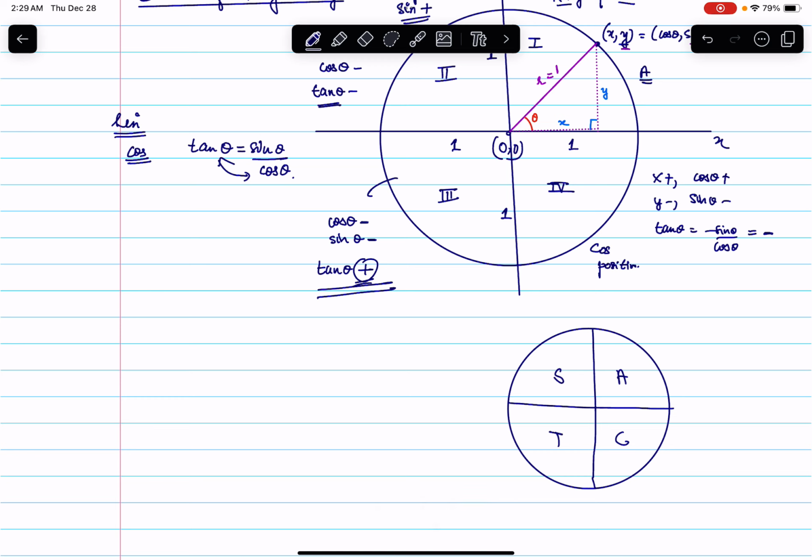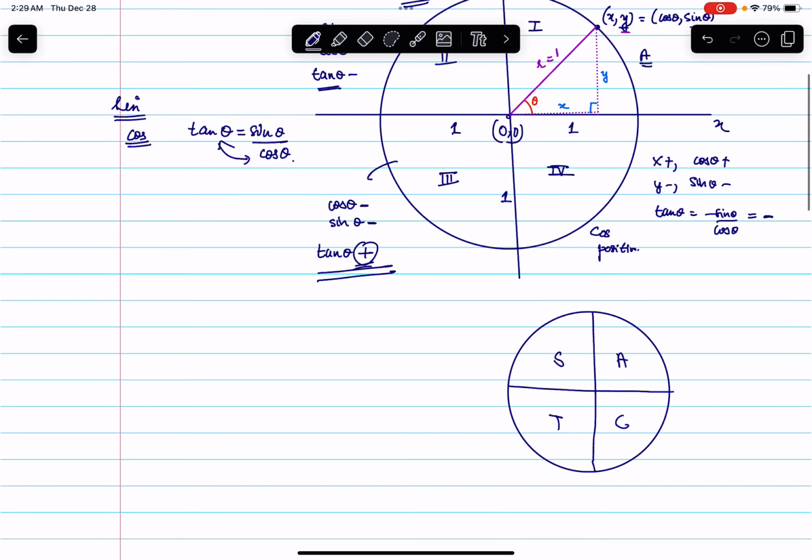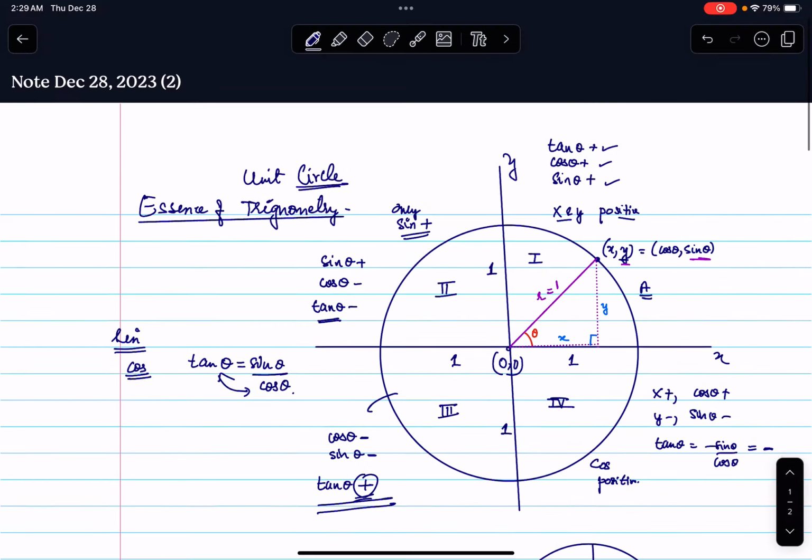That's also a good way to learn, I guess, when you're starting off, and then later on you can understand the basics. But I think it's always good to understand the fundamentals before moving on, right? So when you have this all silver teacups thing, you would know that in the first quadrant, everything is positive, in the second quadrant sine is positive, in the third quadrant tan is positive, and then in the fourth quadrant cosine is positive.